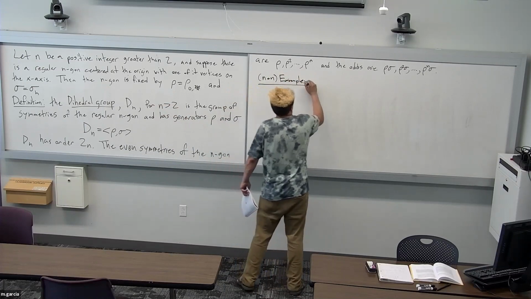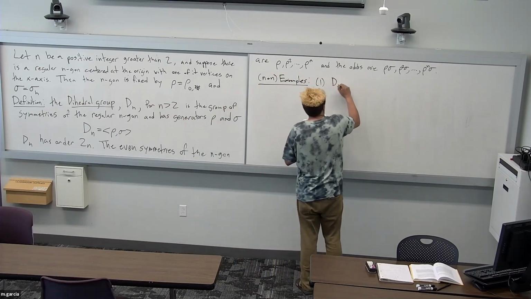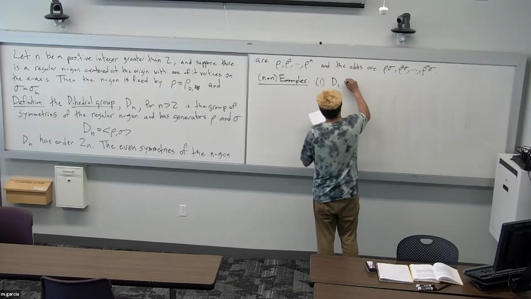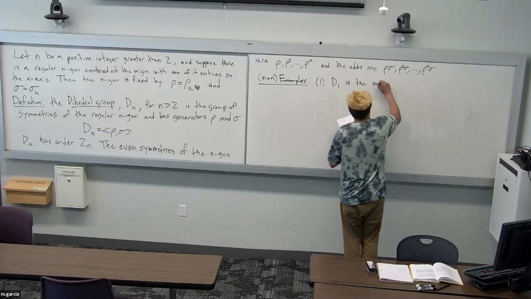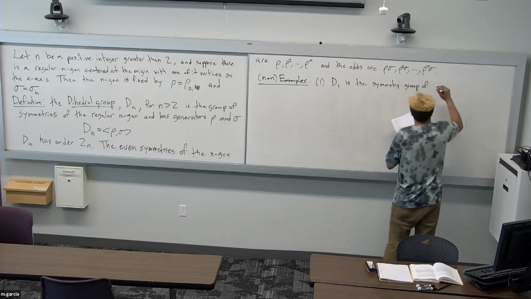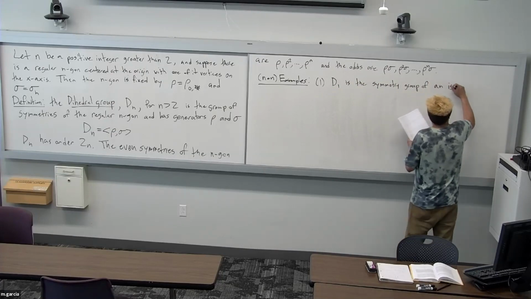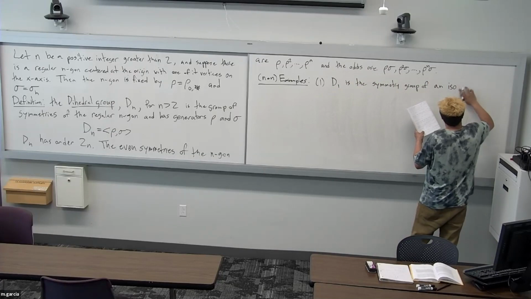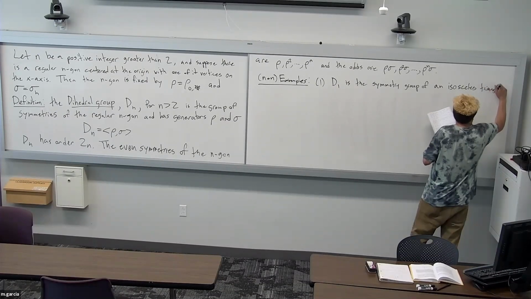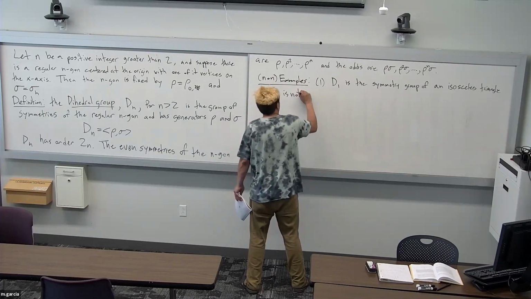Non-examples. D1 is the symmetry group of an isosceles triangle that is not equilateral.